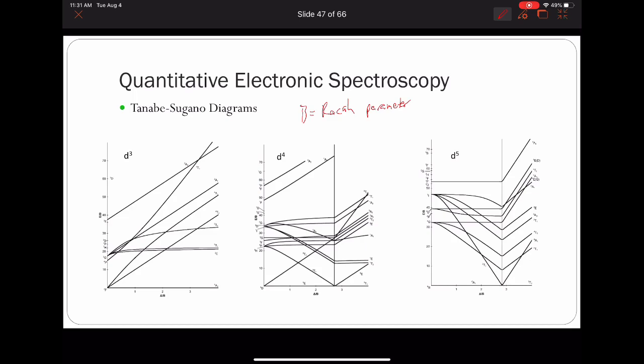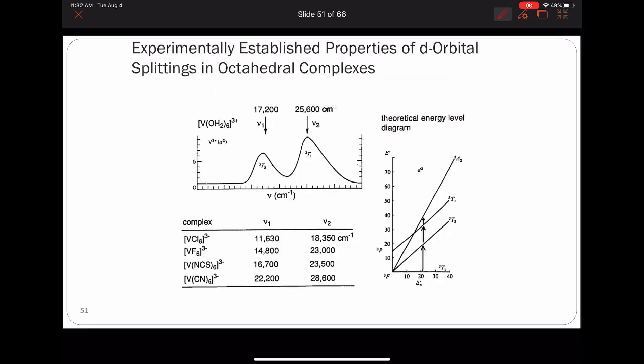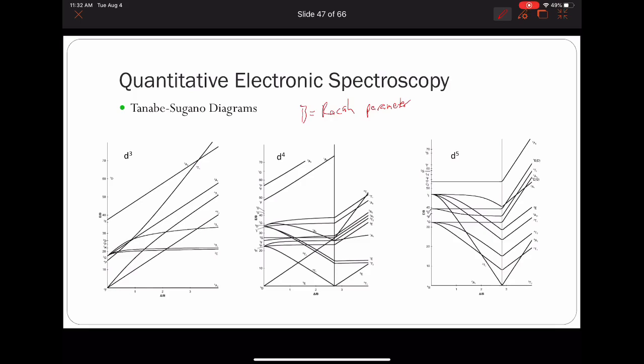If we look at our term symbols, again, our multiplicity is shown as a superscript to the left of our term symbol. So, if we look at our d3 system, we have a quartet A2 ground state. In order to identify the number of allowed or expected transitions, all we have to do is look at the multiplicities for all of our excited state terms.